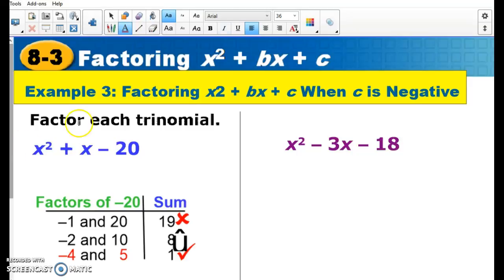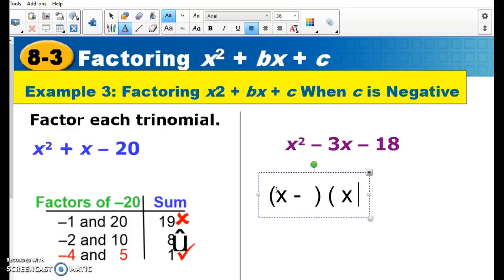Okay, let's try this one here. So I have x squared minus 3x minus 18. Alright, so this one's going to be one where I'm going to have one of each. So I'm going to have x plus something and x minus something. So let's see if we can decide which one is going to be which.